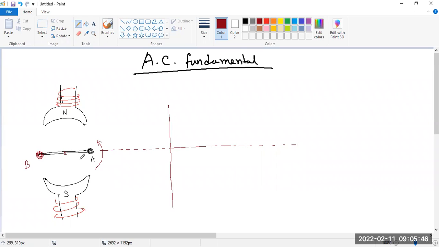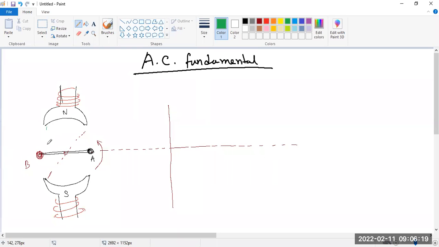You can see this is A, and this is B. This is the total conductor, A side and B side. Whenever it is rotated and coming to this position, look, here this is the flux.